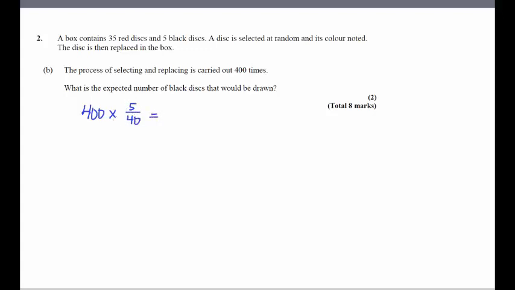And that simply can simplify here. If we divide by 40, 400 divided by 40 is 10, and 10 times 5, we would expect that you would draw 50 black discs if you did this process 400 times.